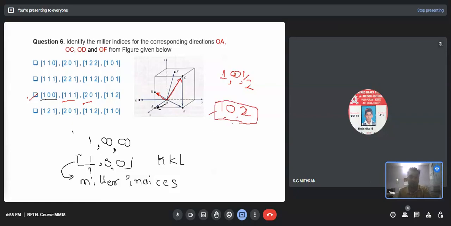So this value is the Miller indices for OD. I'm sorry for that, something is wrong here. Okay, I'll calculate again. I made a mistake somewhere here.